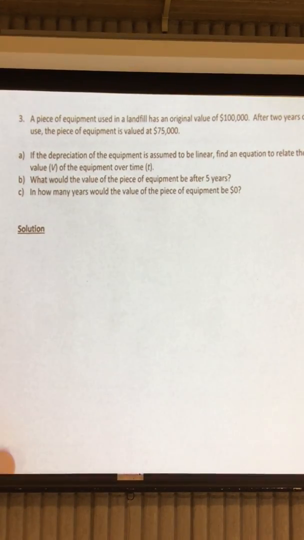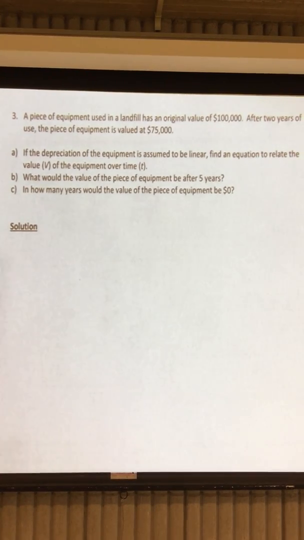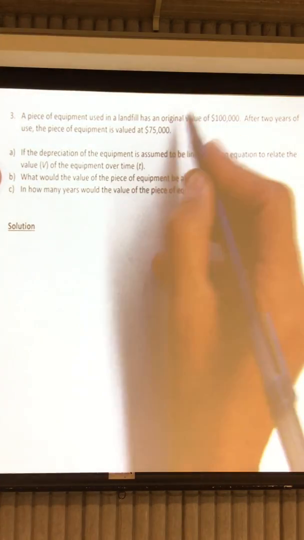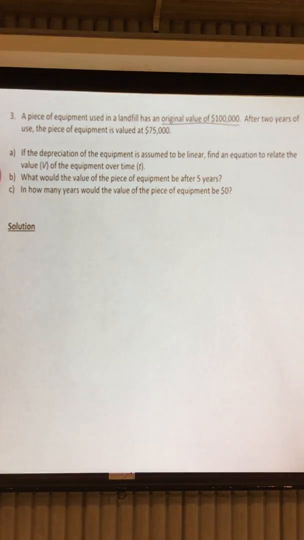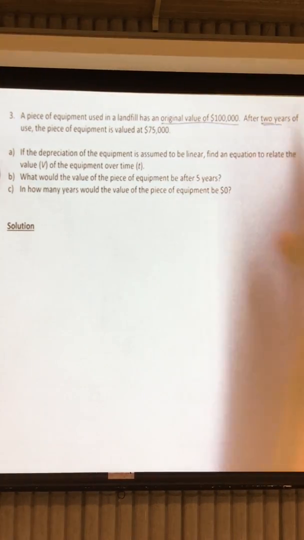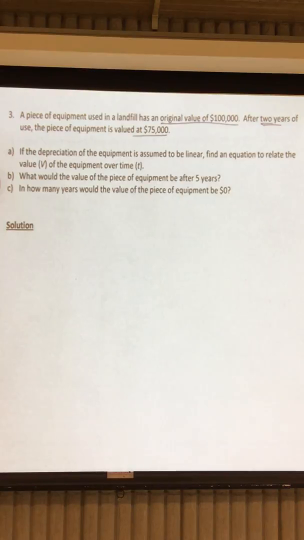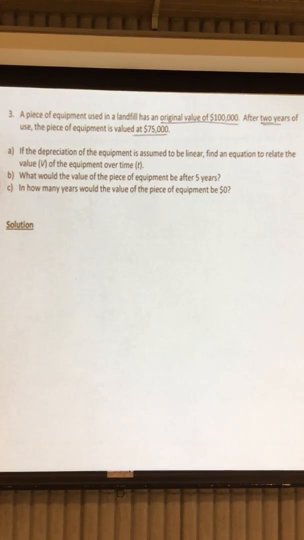We have a word problem here, so let's read the word problem. A piece of equipment used in a landfill has an original value of 100,000. After 2 years of use, the equipment is valued at 75,000. Letter A, if the depreciation of the equipment is assumed to be linear, find an equation to relate the value V of the equipment over time.